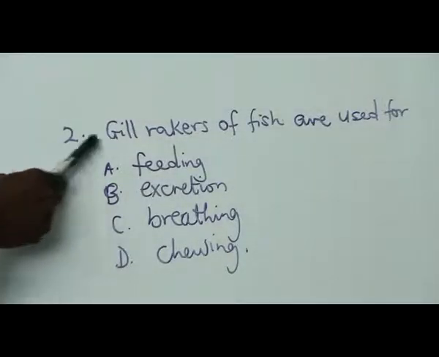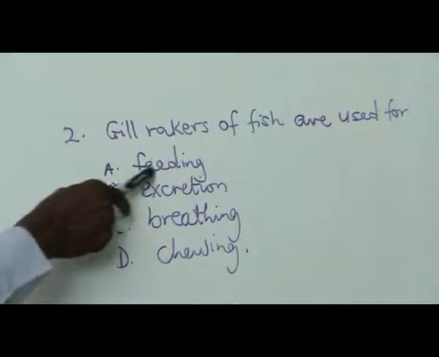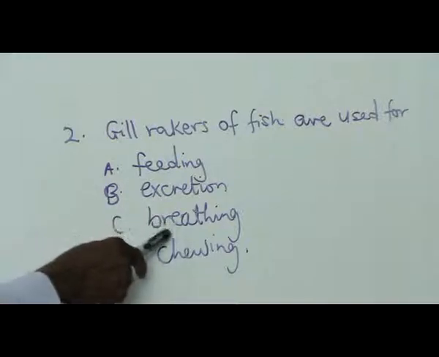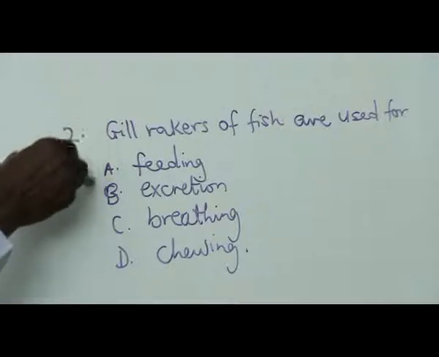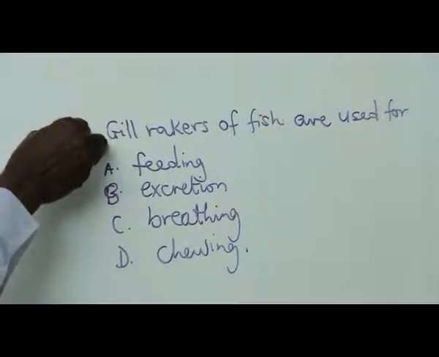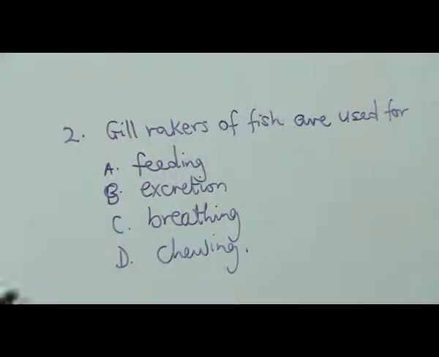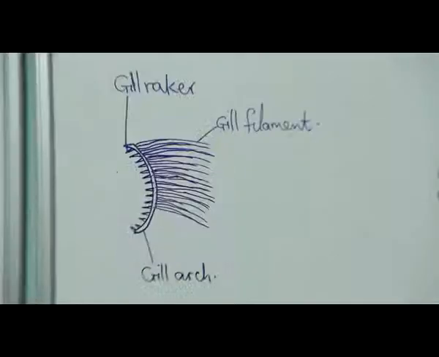Example 2. Gill rakers of fish are used for A. Feeding, B. Excretion, C. Breathing, D. Chewing. Here we are expected to know the respiratory structure of fish. Now we know that the respiratory structure of fish is the gill. The gill rakers are found in the gill chambers by the side of the head of the fish.